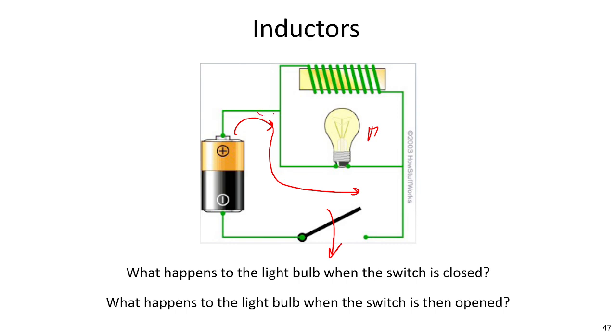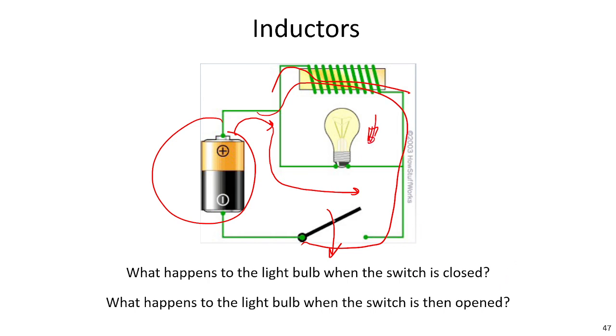And also the current will flow through this part. We have di by dt. And after a long time, if the voltage is not changed, this part becomes a short circuit. The current to the lamp will be turned off. So when we first close it, it will be on, and then it will be off. When we open the switch again, it will be on again, and then it will be off later.